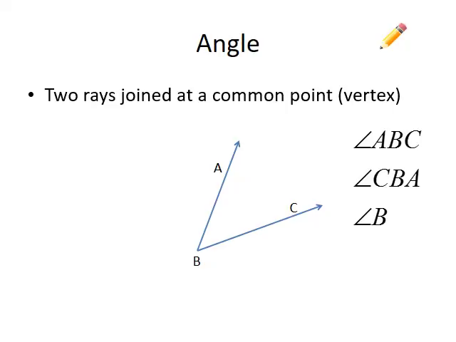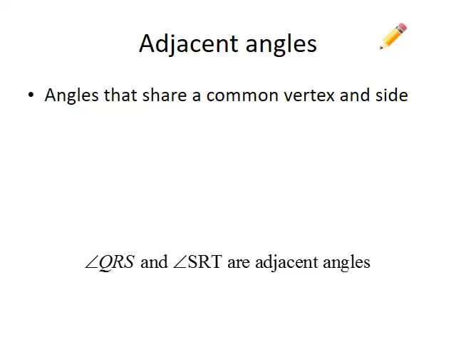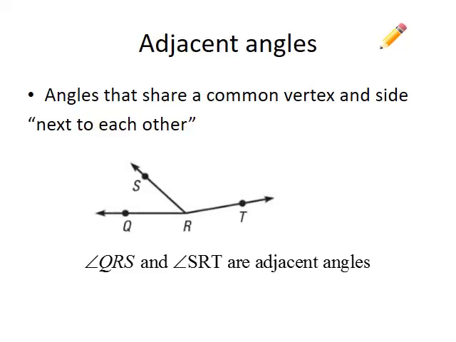And remember that from what you've learned from previous grades is that we can have acute angles, obtuse angles, and right angles, and we will talk more about that in class. Another type of angle is an adjacent angle or adjacent angles, and these are angles that share a common vertex and side. You guys, adjacent literally means next to each other, so I think you'll see what I mean when we look at this diagram.